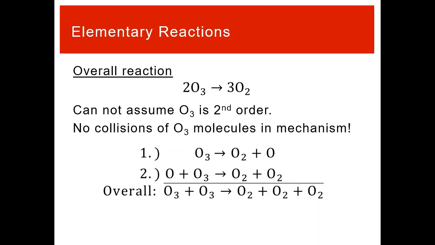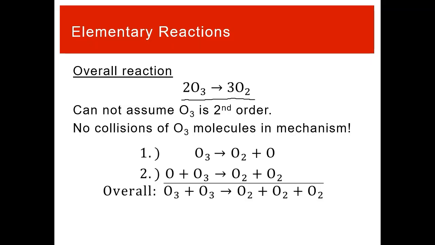So returning to overall reactions, say the 2O3 going to 3O2, that is an overall change. You start with some ozone, some O3, and you get oxygen molecules. When we're looking at these overall reactions, we cannot assume that the order is based off the coefficient. And that's because these orders would correspond to the number of molecules participating in a collision.